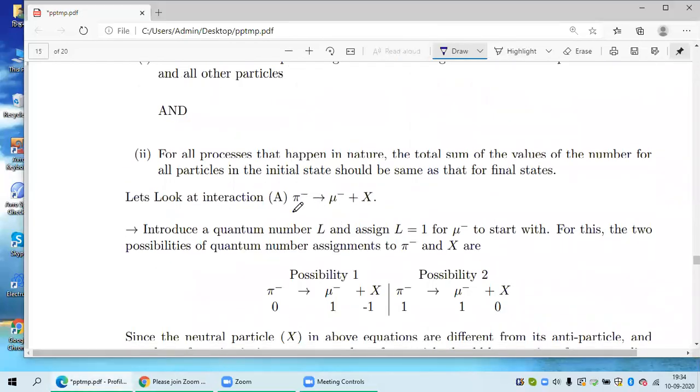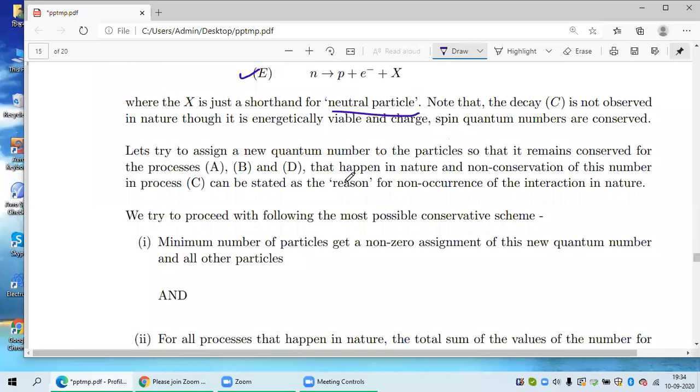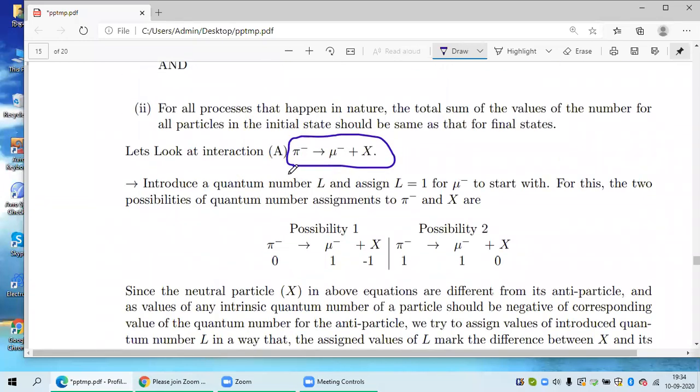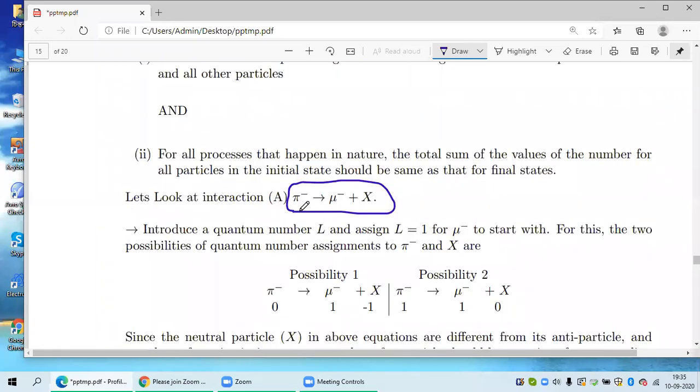Let's look at this interaction first. I wrote many things here, you can read it later. So first interaction A, concentrate on this.